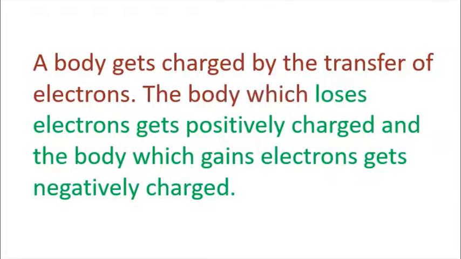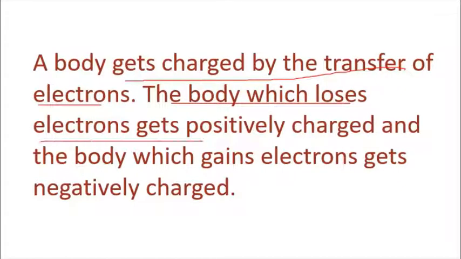The first method of charging an object is rubbing. When we rub two materials, the materials get charged by transfer of electrons. The body which loses electrons gets positively charged and the body which gains electrons gets negatively charged.